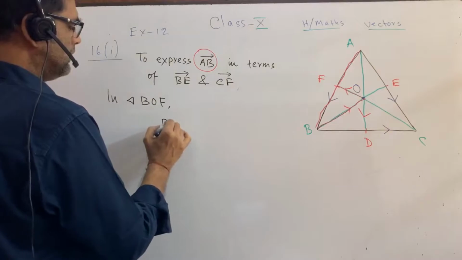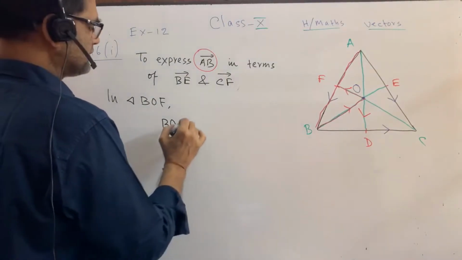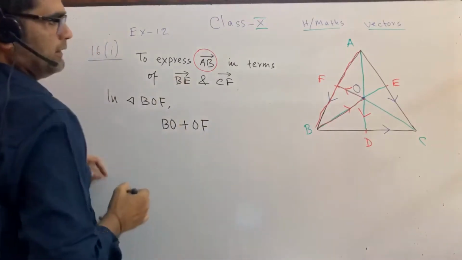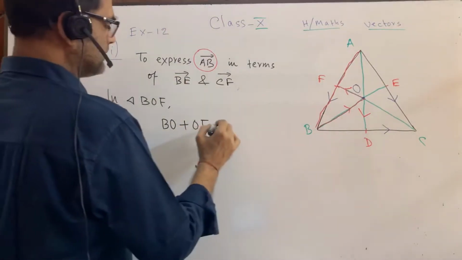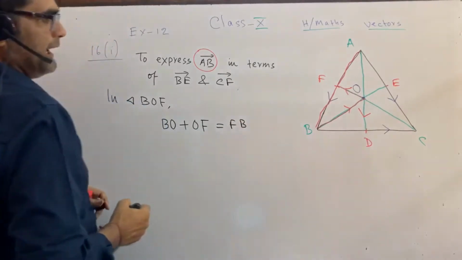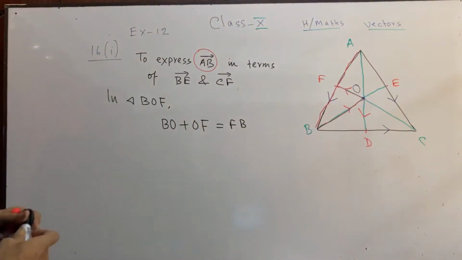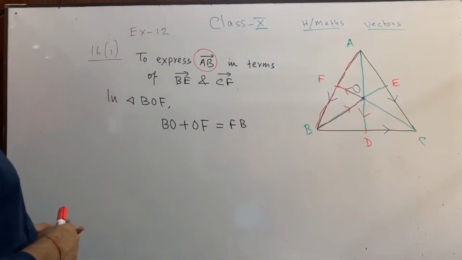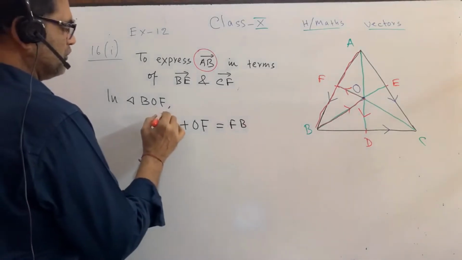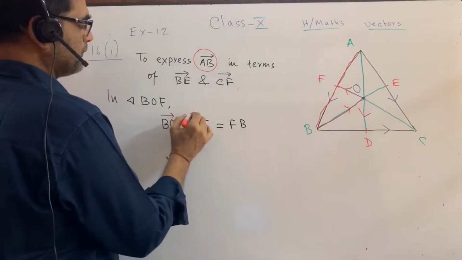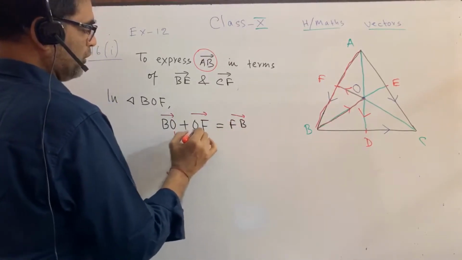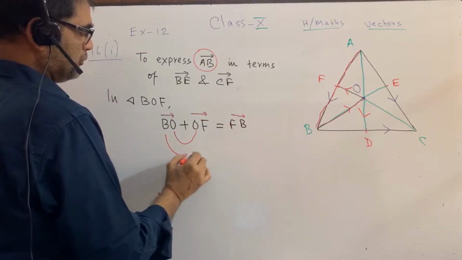BO plus OF is equal to FB, right? Addition law in case of triangular addition law of vectors. That means here we are getting BO, OF, FB. This O will be omitted, so we will be left with BF.